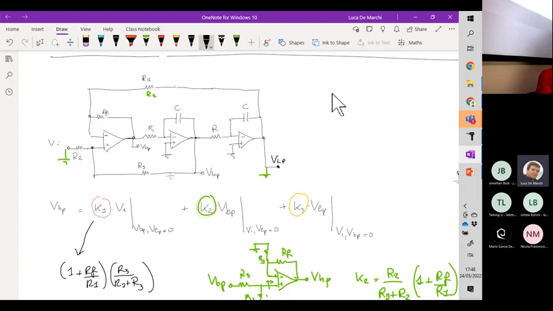So in the orange circuit case, both VI and V bandpass are grounded.